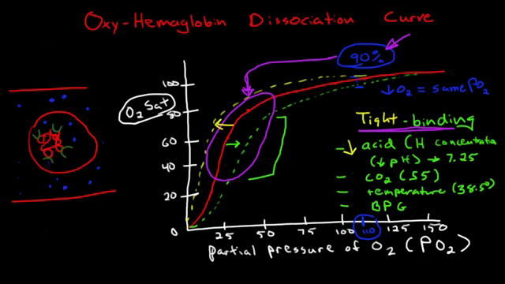decreased acid or increased pH, so a pH of maybe 7.55, or a CO2 moving down to 25, or a temperature of maybe 35.5, or decreased BPG.